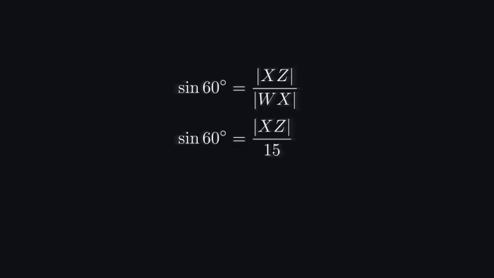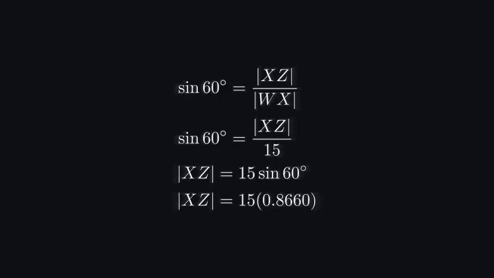Sin of 60 degrees equals length of XZ over 15. Length of XZ equals 15 sin of 60 degrees. Length of XZ equals 15 times 0.8660.